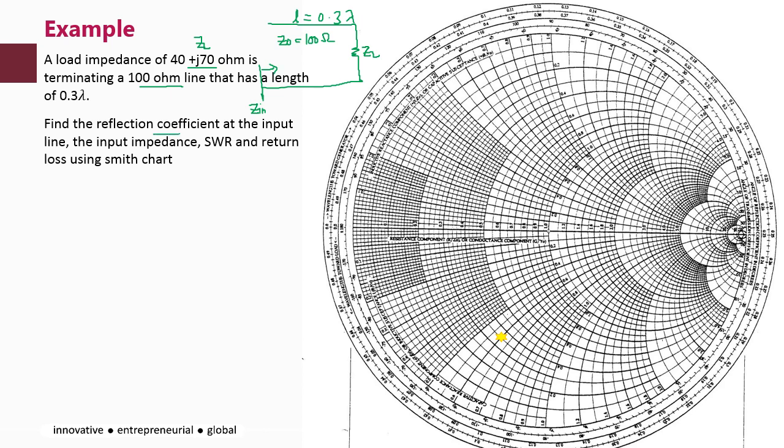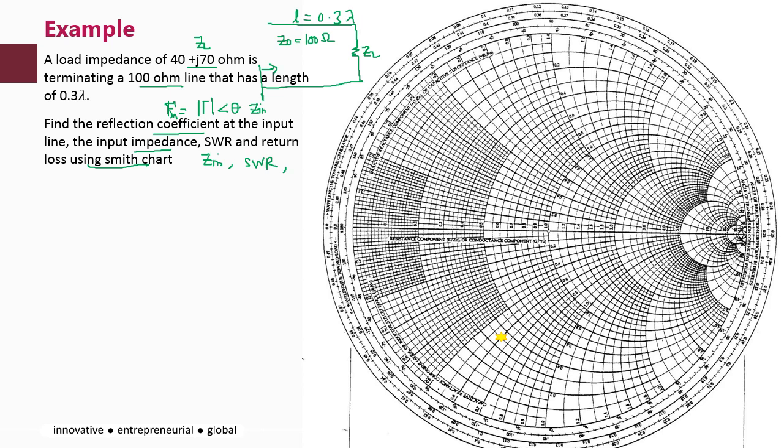Find the reflection coefficient, the magnitude and angle, at the input line, the input impedance Zin, and then the SWR, and also the return loss, using the Smith chart.